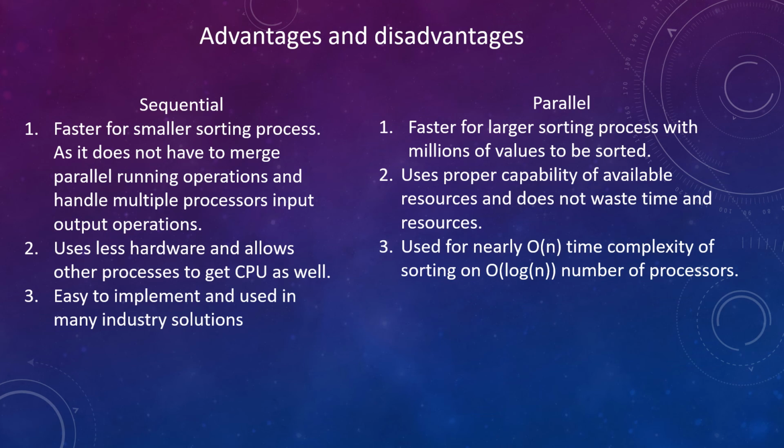Now let's understand parallel. It is used for nearly O(n) time complexity of sorting on O(log n) number of processors. As we can see, since we are using multiple processors, it gives O(n) time complexity of sorting, which is very, very fast for a sorting operation, wherein there are O(log n) number of operations.